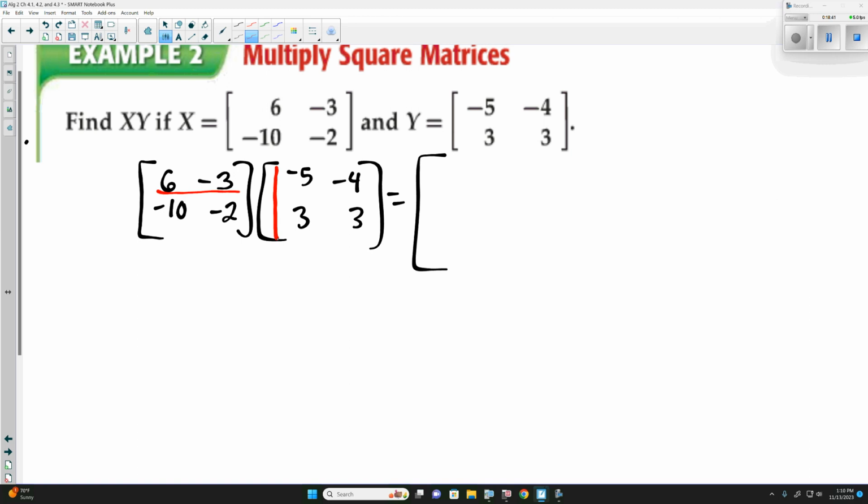So we'd have 6 times -5 plus -3 times 3. Because they're both 2 by 2, the columns of the first do match the rows of the second, so they are multipliable, and the new dimensions will be 2 by 2.